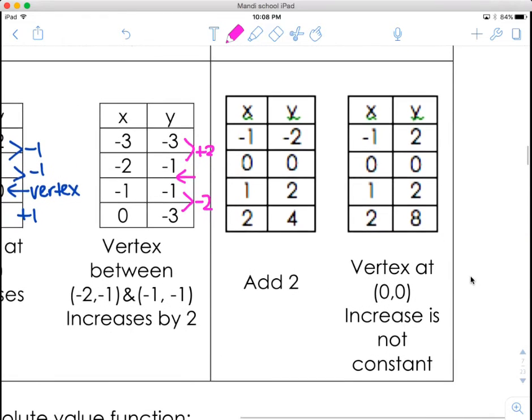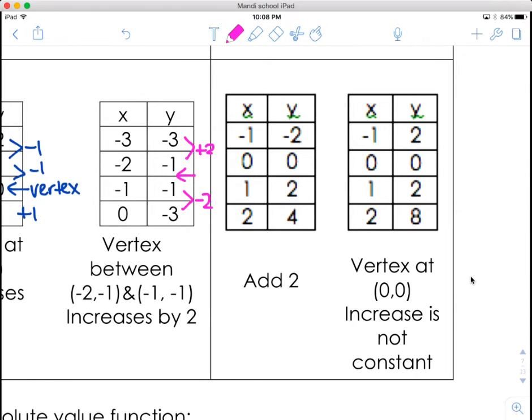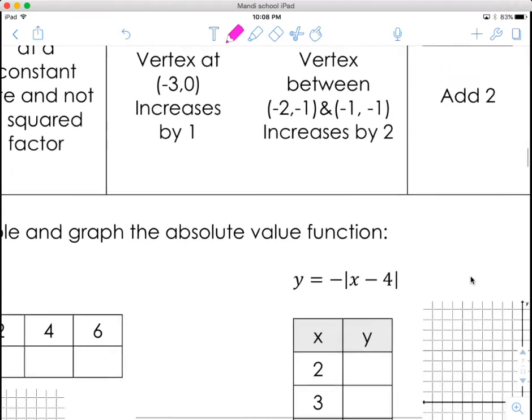Okay, so looking at tables that we've seen before, this one adds 2 every time. So it's a constant, but there's no vertex. This one, there's a vertex right here, but this decreases by 2. This increases by 2. Oh, but this increases by 6. So it does not increase at a constant rate. It's a little bit more tricky to tell in a table based on that.